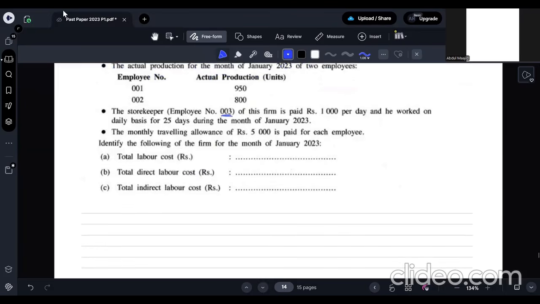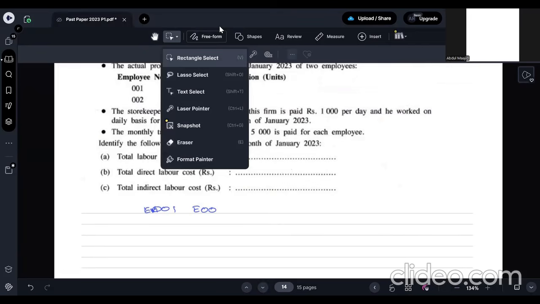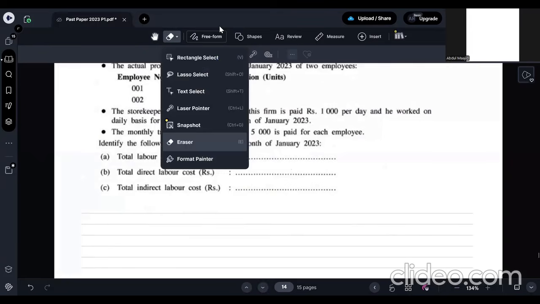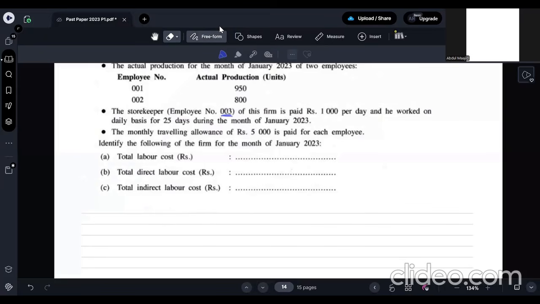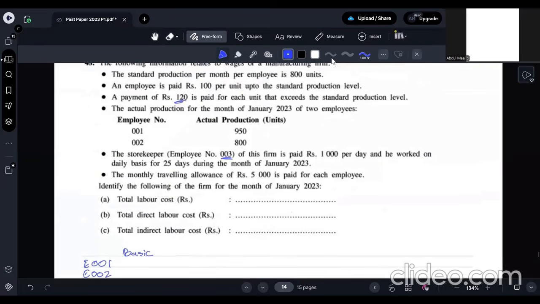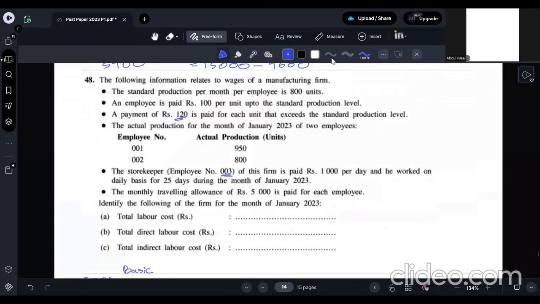Employee 1, employee 2, employee 3. So basic salary for the production workers: they have to produce 800 units into 100 per unit, that is 80,000 rupees.